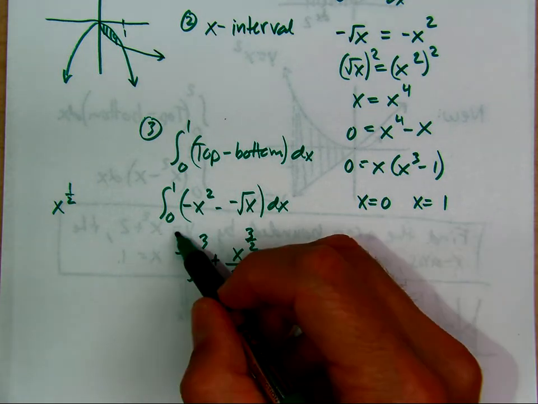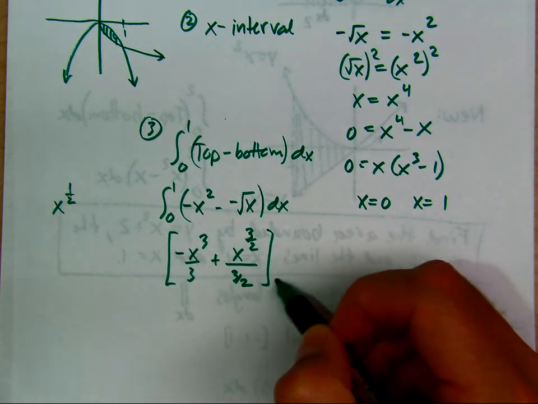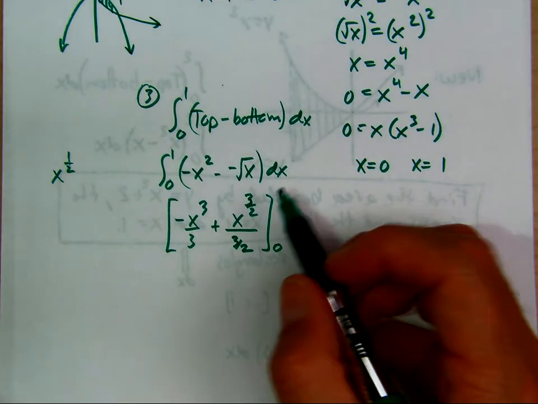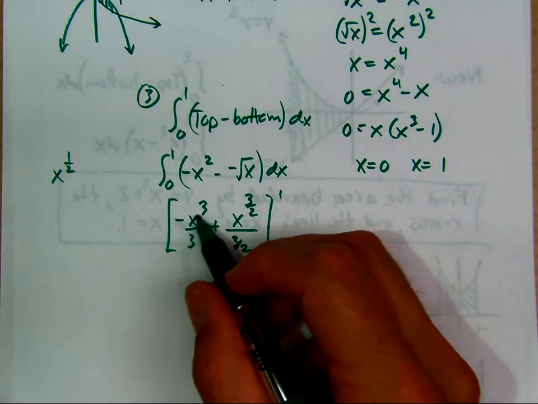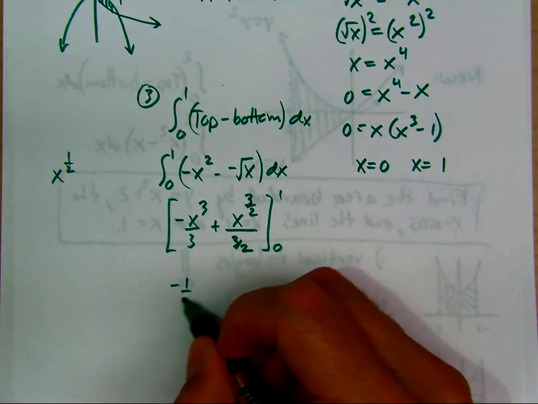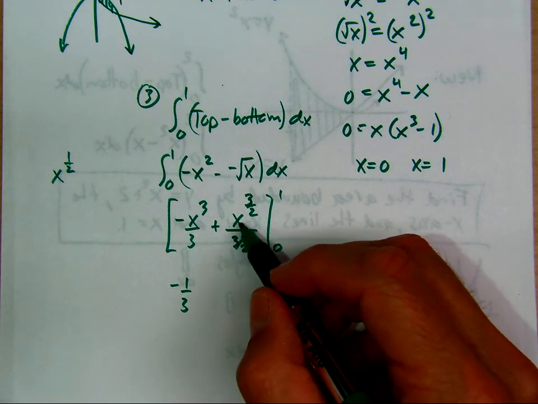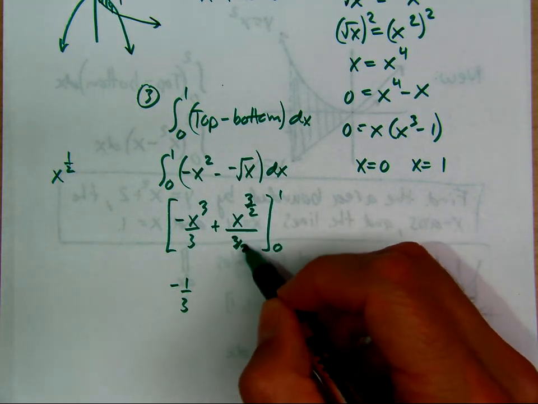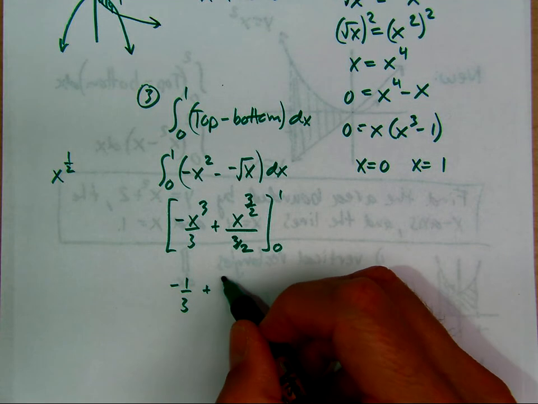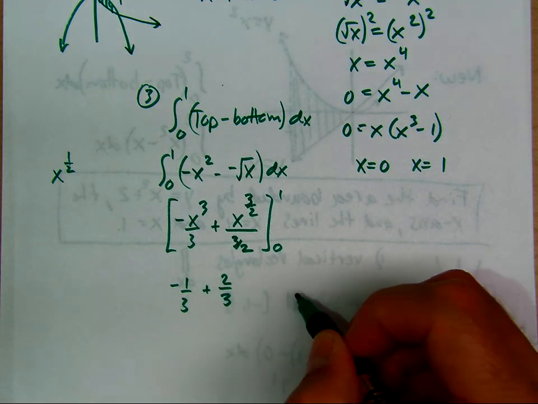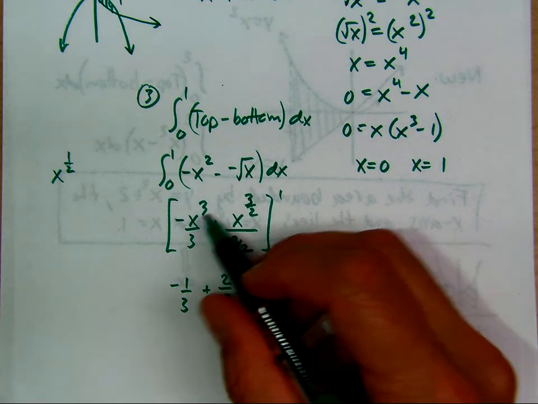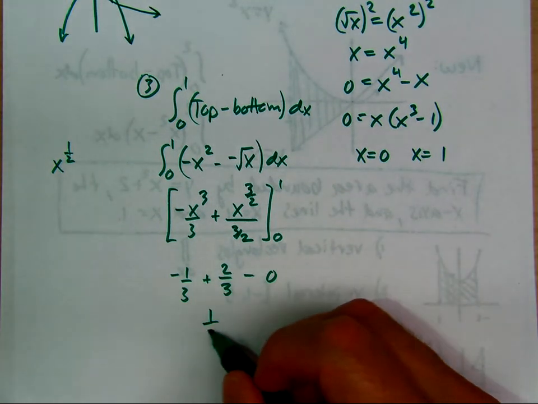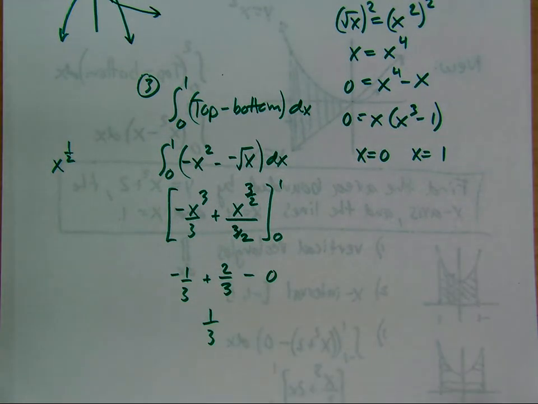And we're going to evaluate it from 0 to 1. So if we put a 1 here, that'll be 1 cubed is 1, negative 1/3. Put a 1 there, that's 1. And we'll just write this as the reciprocal because we're dividing by 3/2, so that'll be 2/3. And when we put a 0 in these, we get 0. So 2/3 minus 1/3. And the area is 1/3.